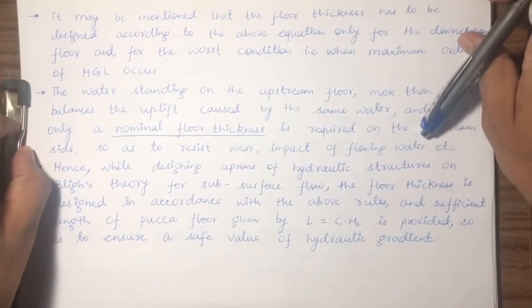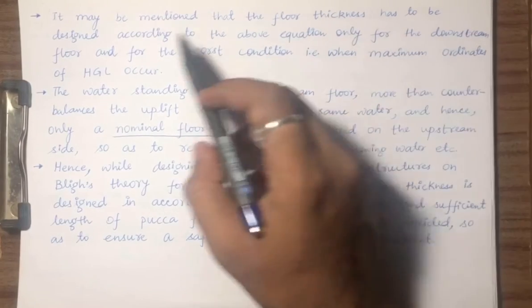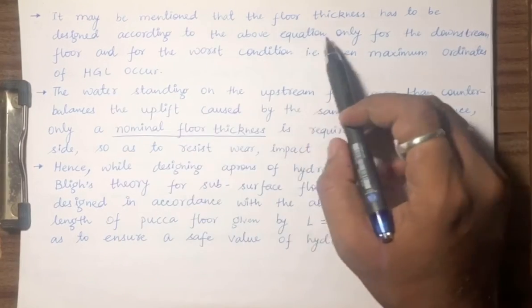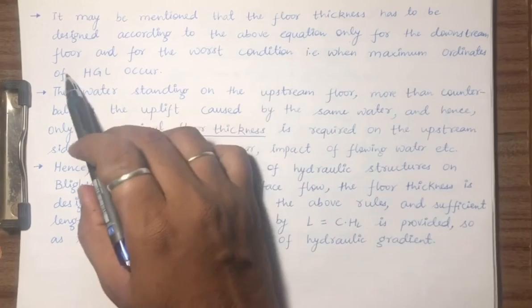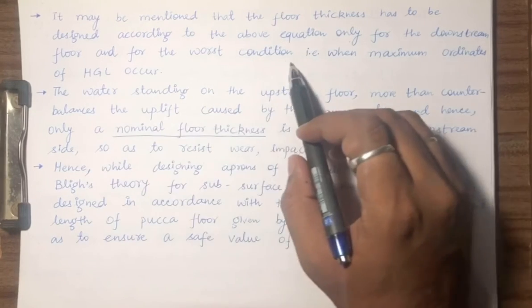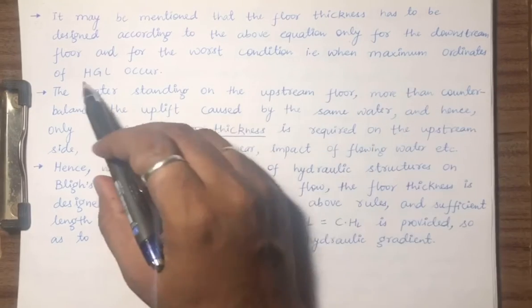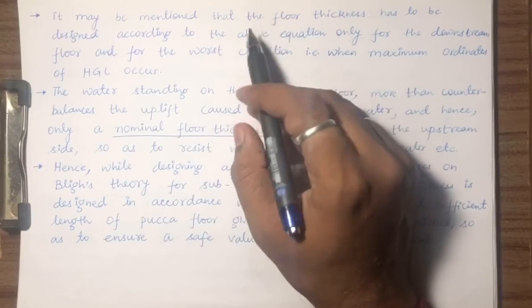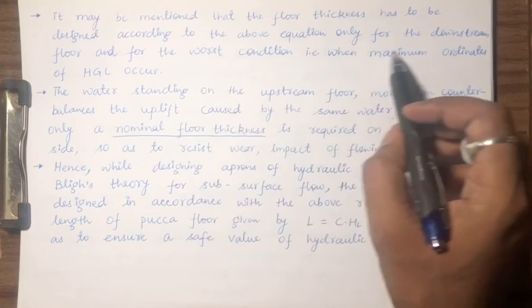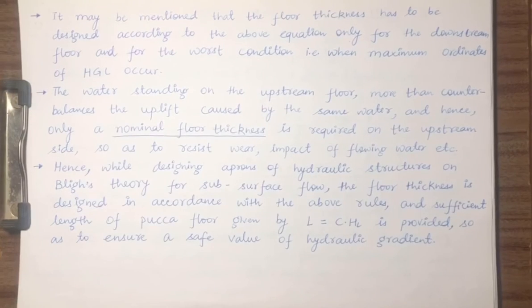It may be mentioned that the floor thickness has to be designed according to the above equation only for the downstream floor and for the worst condition, that is when the maximum ordinate of HGL occurs. This thickness is provided for the downstream floor because there the gradient is very high.